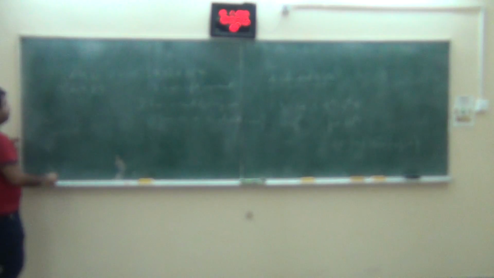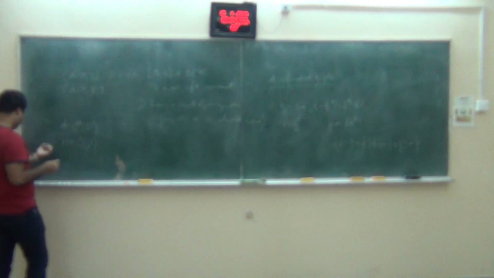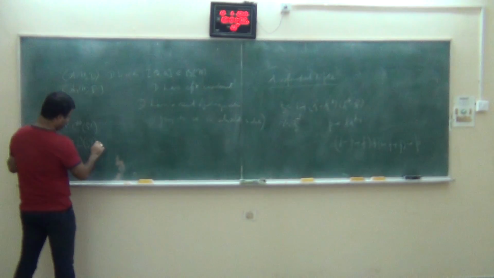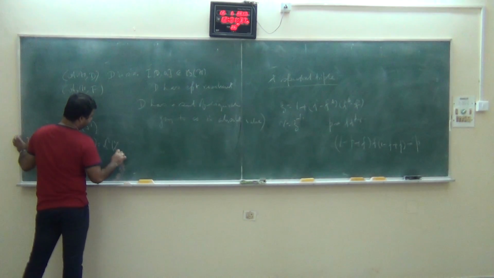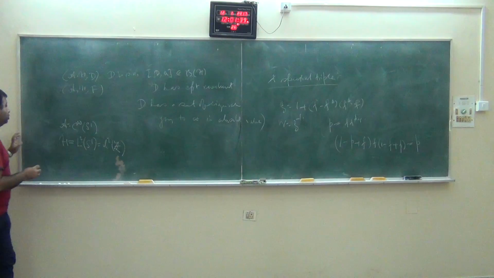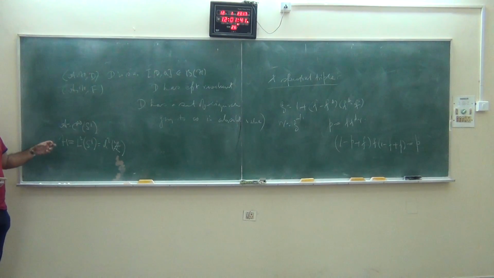Let us write down the simplest example, where I take A equal to C infinity of S1. This example is very instructive for various reasons. I will come back to this example soon in a few minutes. A is C(S1), A infinity is C infinity.